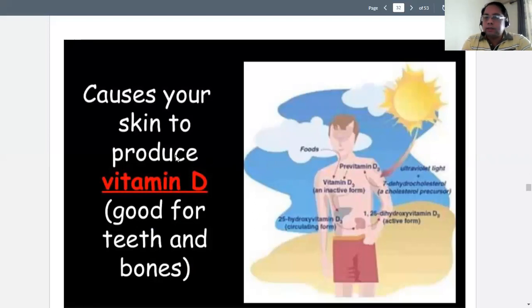Vitamin D, guys, it's good for our immune system. So where do you get vitamin D? From the sun, but not, of course, too much. So I think when we expose ourselves to the sun, vitamin D is produced because of the molecules that are created in our body.